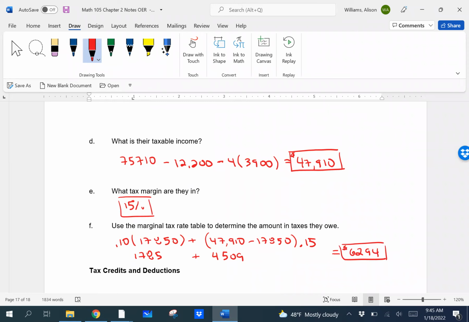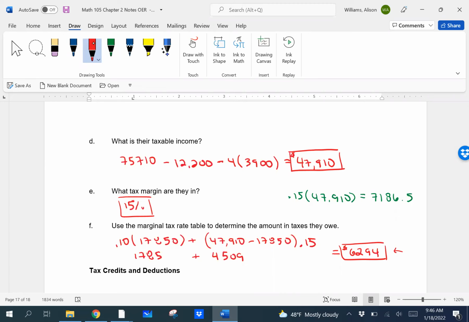Okay, so we don't just hit it with 15%. In other words, if you paid 15% on this, I'm going to do this in green. If you did 15% on the 47,910, that comes out to 7,186.5. So you don't have to calculate this. This is just me showing you that you're going to pay less in our system because we do this ranking. So you start by paying 10% taxes and then you move into the 15% taxes.